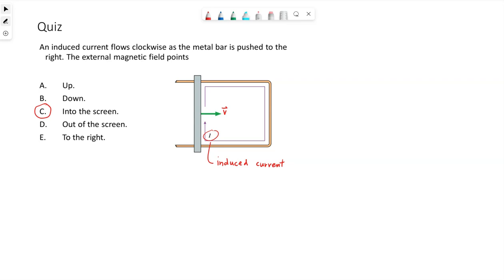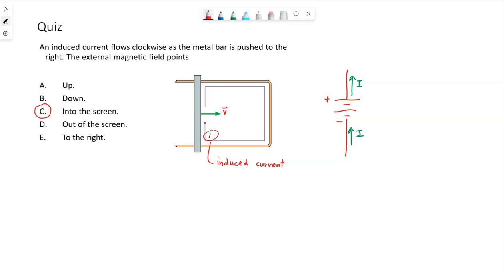In order for current to flow clockwise like that, if we think of it in terms of a battery, it's not a battery, but if we think back to batteries, and we said the long end is positive and the short end is negative, our traditional definition of current was flowing out of the high potential end and in to the low potential end.